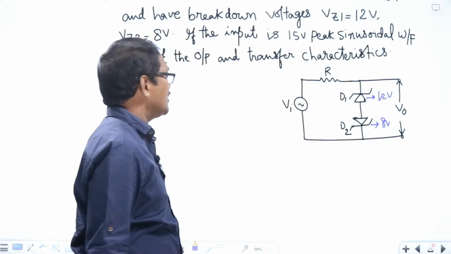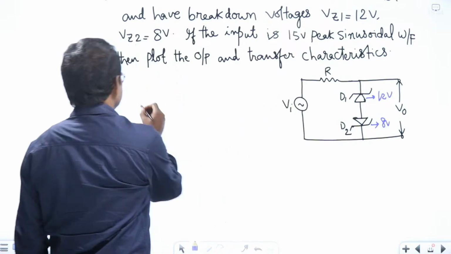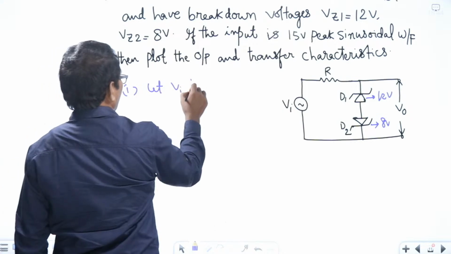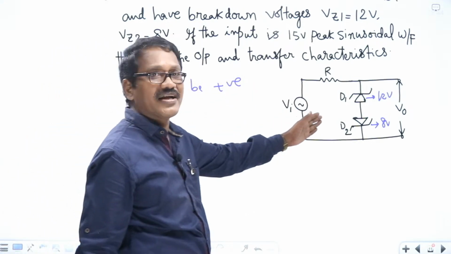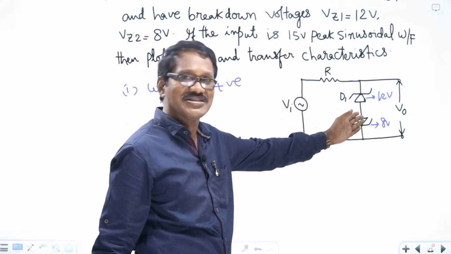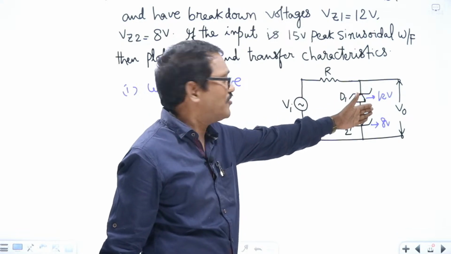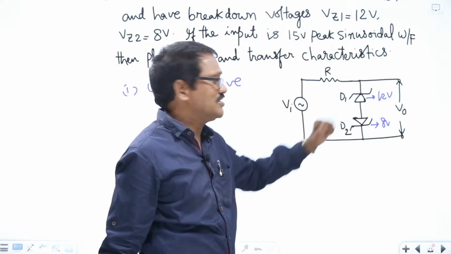First, let Vi be positive. During the positive half cycle, what happens? Diode D1 is reverse biased. Why? Because positive is connected to the cathode, and hence diode D1 becomes reverse biased and can be replaced by an open circuit.